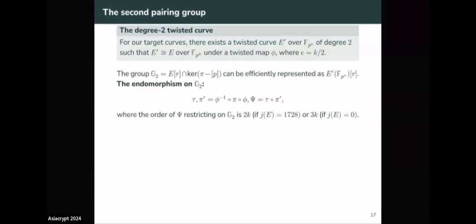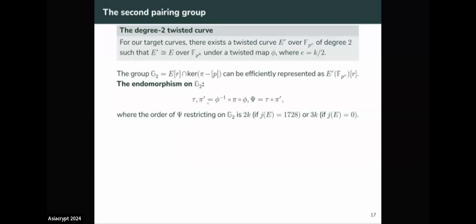And there are two homomorphisms on the group G2. The first one is the Frobenius map. The second one is pi prime, and it is induced by the Frobenius map on the original curve.